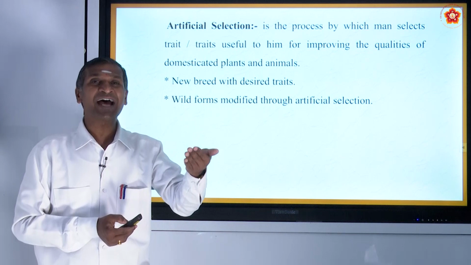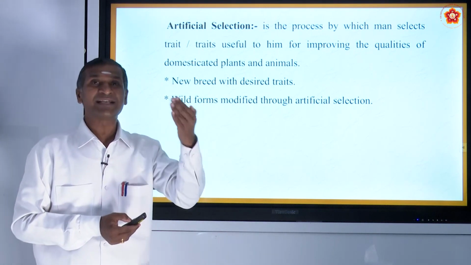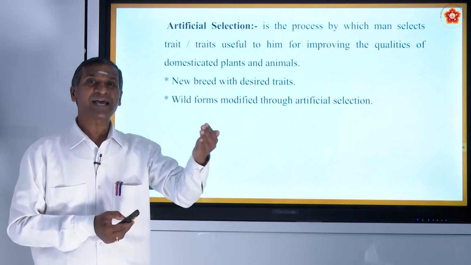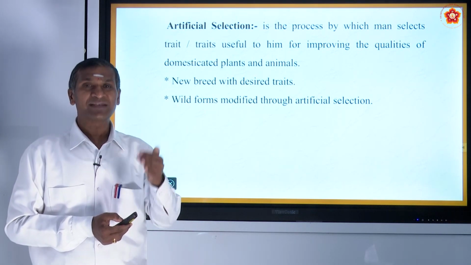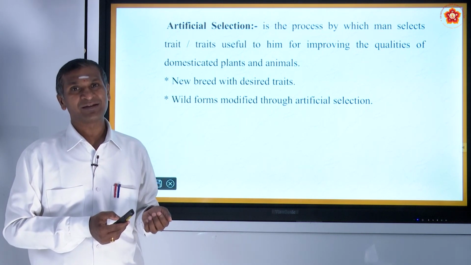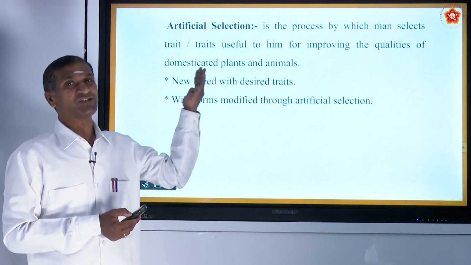So the desired plant variety, desired animal variety, desired color, desired shape is obtained by the human being through artificial selection.